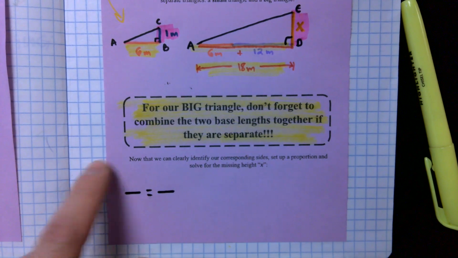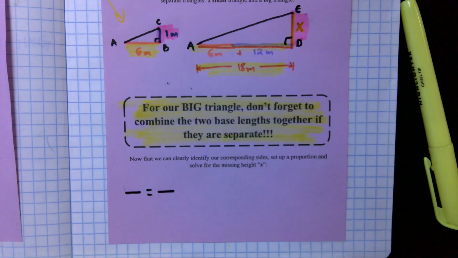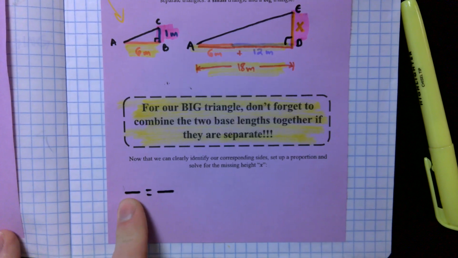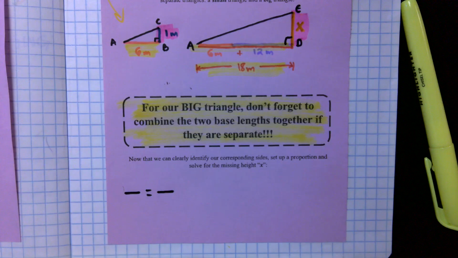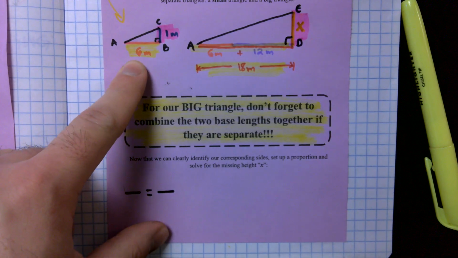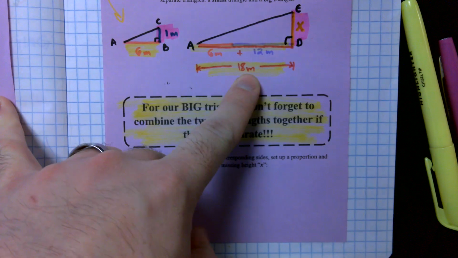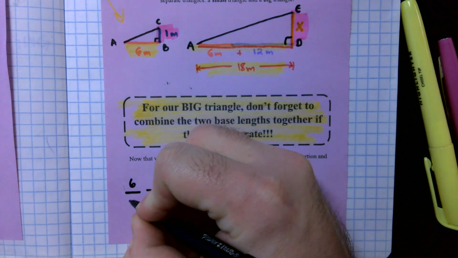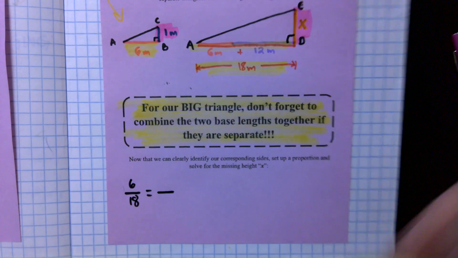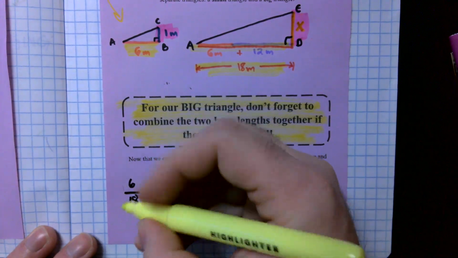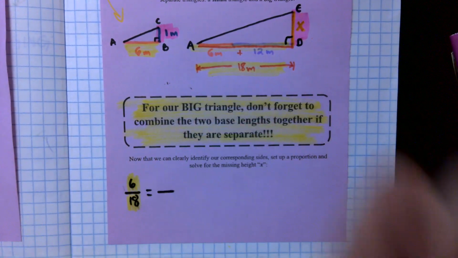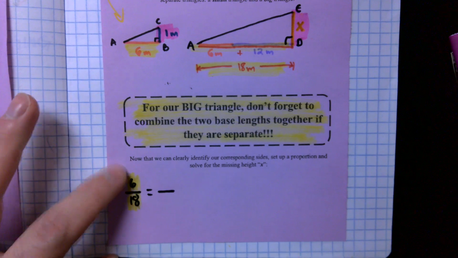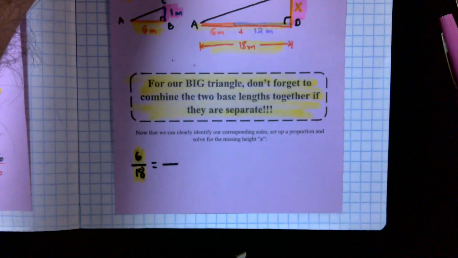When I set up my proportion, it's going to be a fraction over a fraction. What is this first fraction going to look like? 6 over 18. Sure. We'll do our yellow one, 6 over our other yellow one, 18. My yellow side over my yellow side. Small yellow over large yellow.